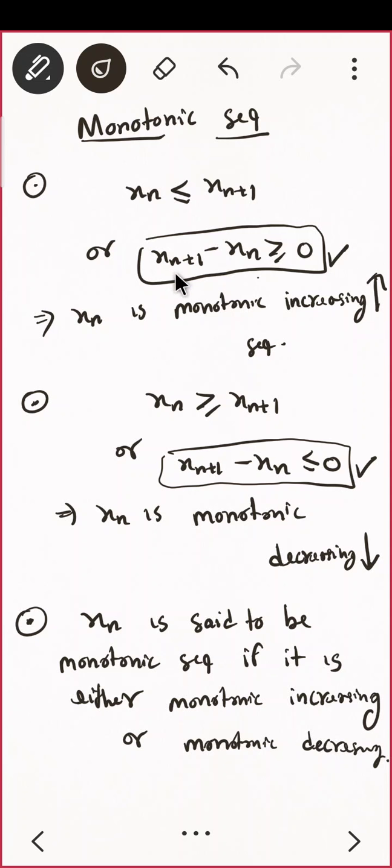That means xn plus 1 must be same as xn, na? And that is possible only if your sequence is constant sequence. Do you agree?